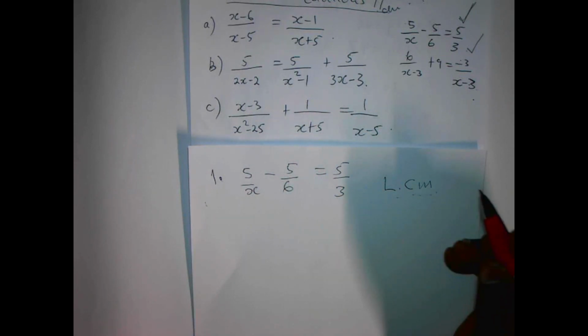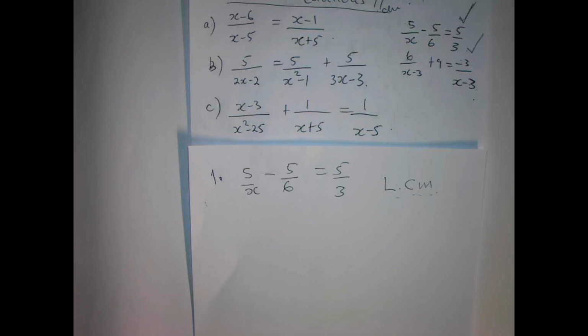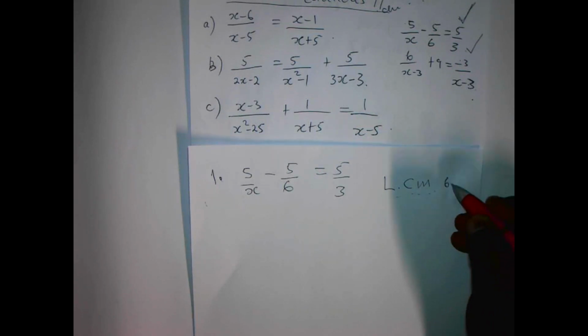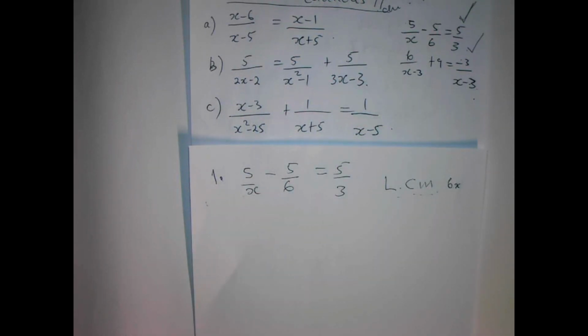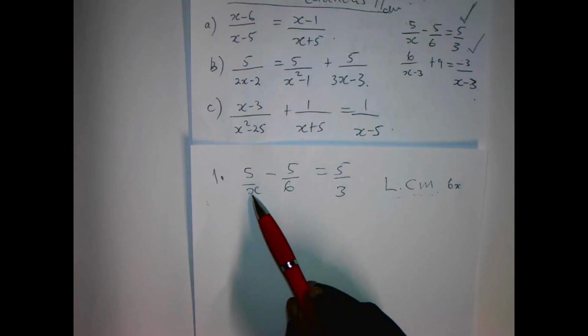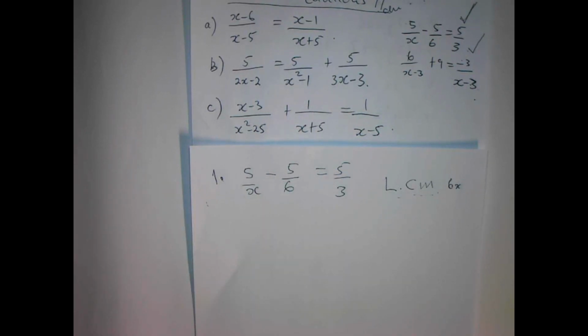So in this case, I want you to take note that 6x is our lowest common multiple. You see, 6x can be divided by both 3, by 6, and by x.